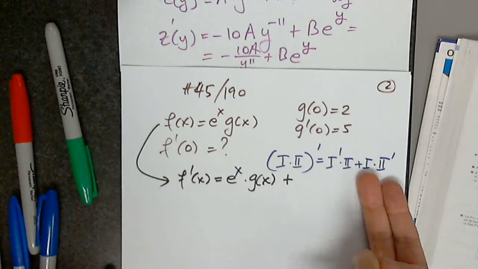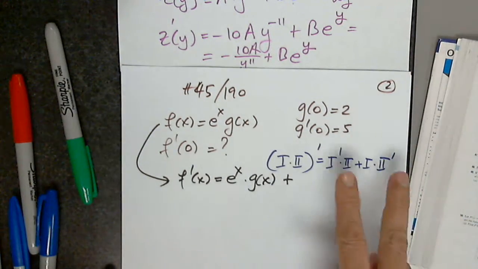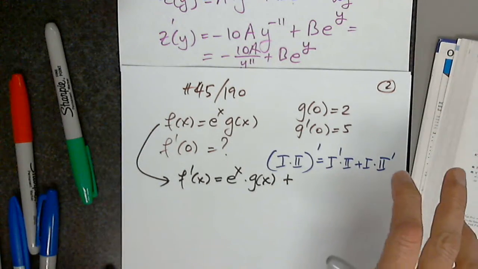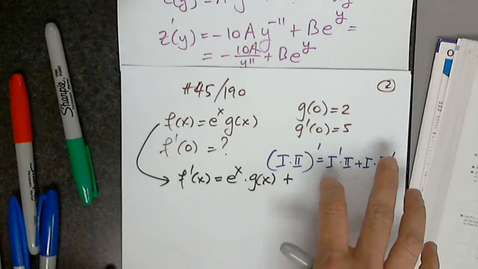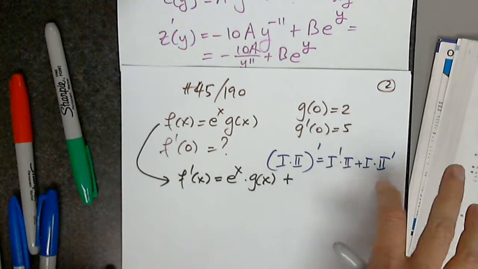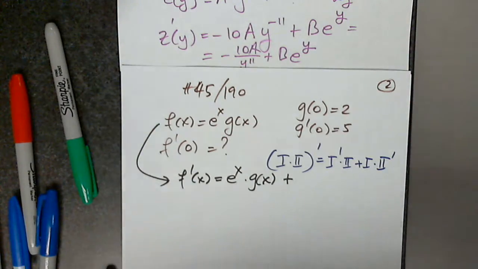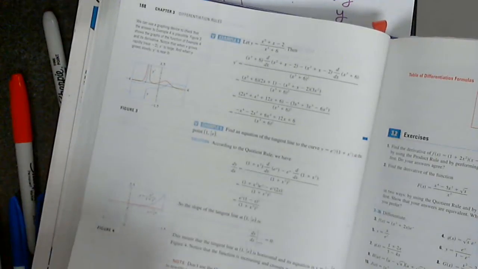You can reverse the order in the product, but please still keep the order: 1 prime 2 plus 1 times 2 prime, or 1 prime 2 plus 2 prime times 1. It's okay because it's a sum, but if you do that for a ratio, that would be a catastrophe. So be very careful with that.